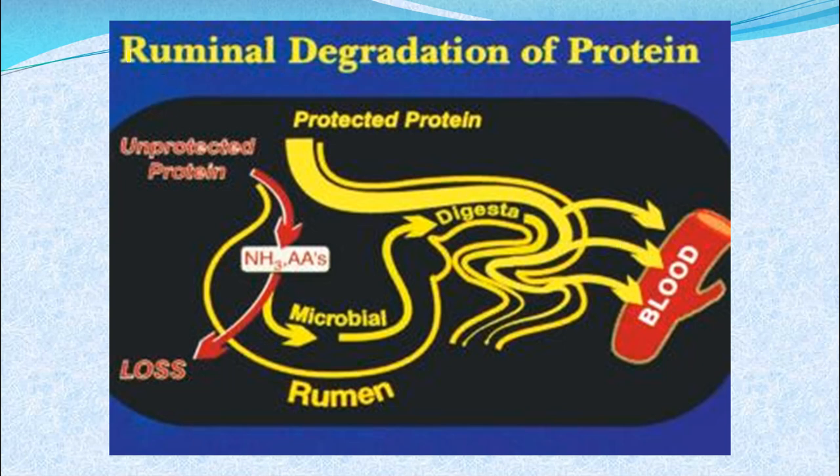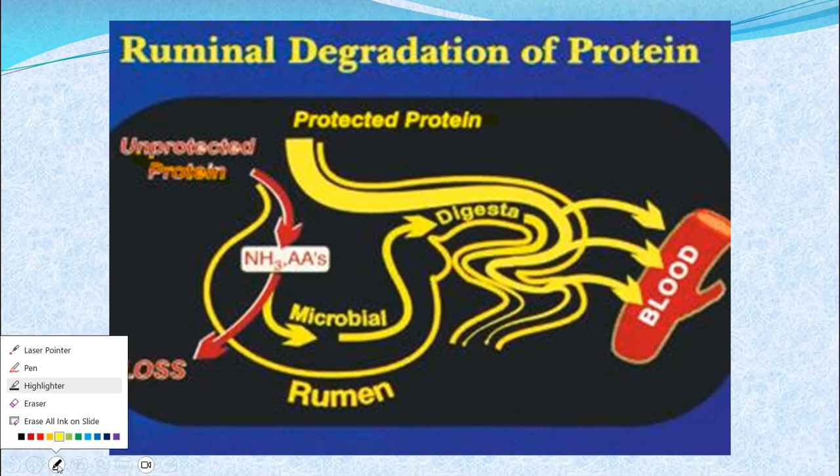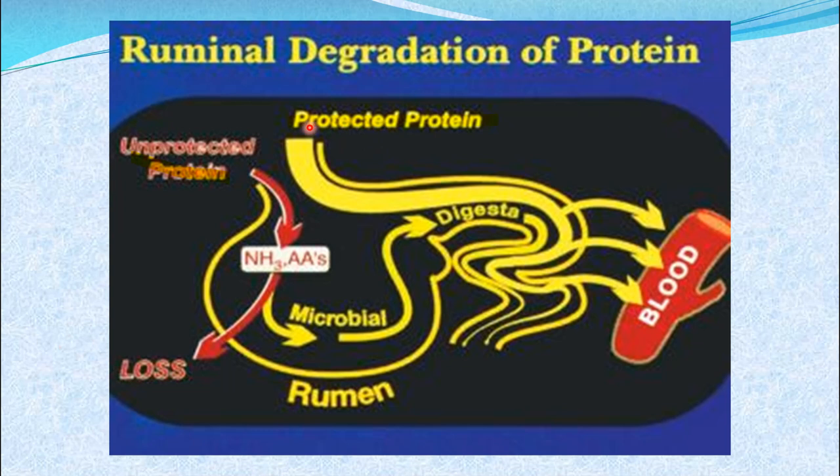Then here there is a diagrammatic representation of the degradation of protein. Here it is unprotected protein and unutilized protein. Protected protein means the structure is a little bit different. The protected proteins enter the duodenum, and they undergo digestion in the intestine. Then in the form of amino acids, they are absorbed into the circulation.